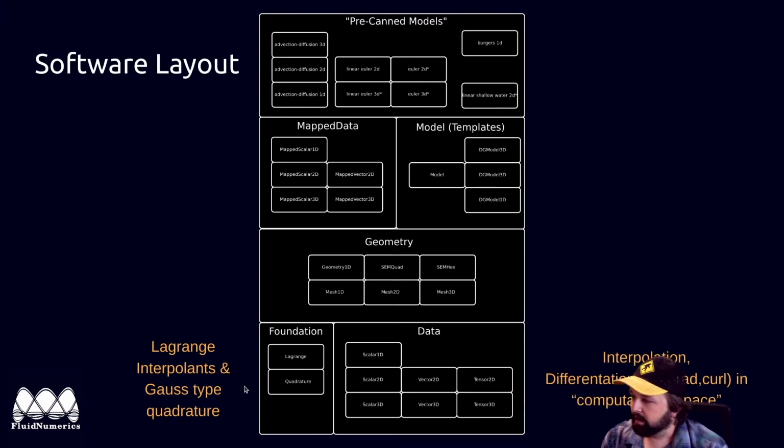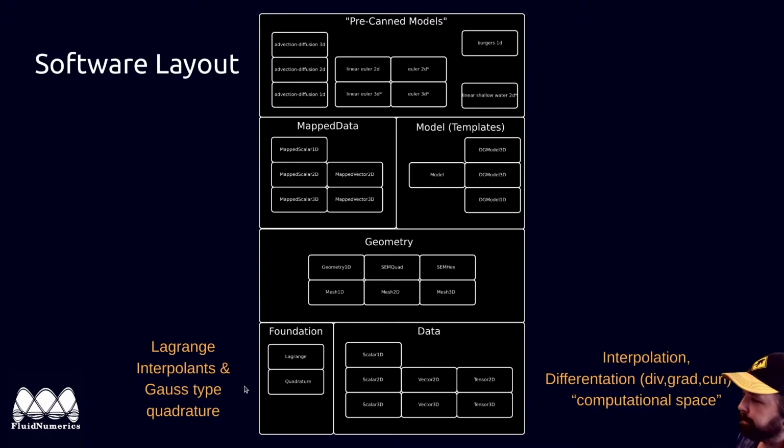And then you have data. Our data classes, we have scalars, vectors, and matrices, but we call them tensors. These are mathematical scalars, mathematical vectors, and tensors. And each one of those is endowed with procedures to do interpolation and differentiation operations.